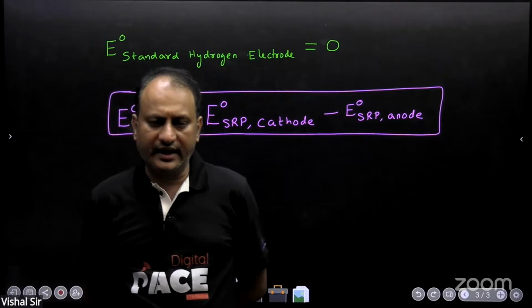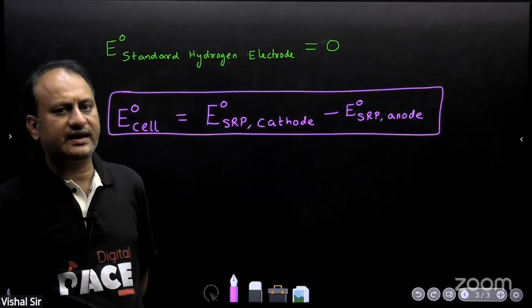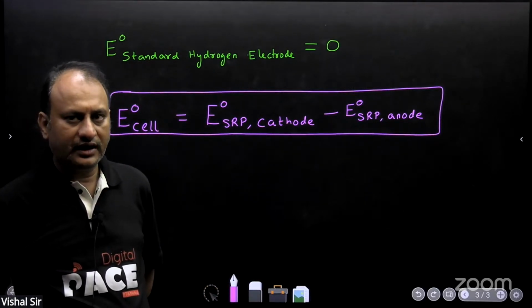Standard reduction potential of cathode minus standard reduction potential of anode.